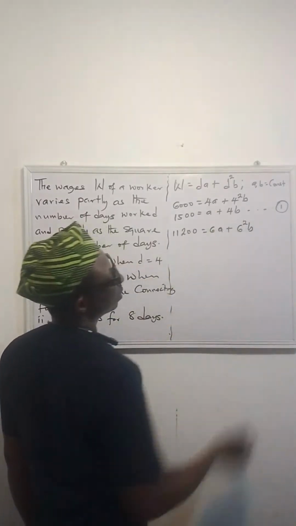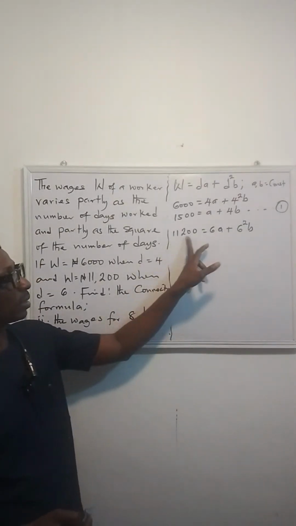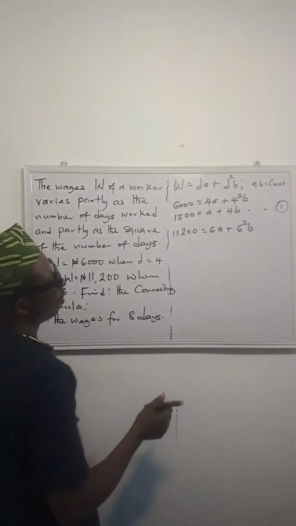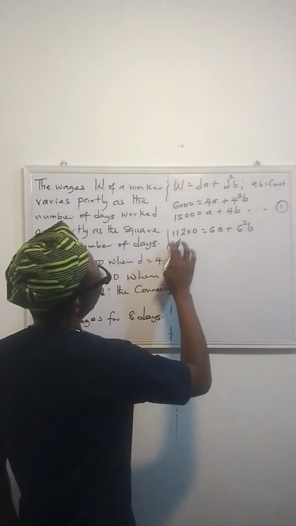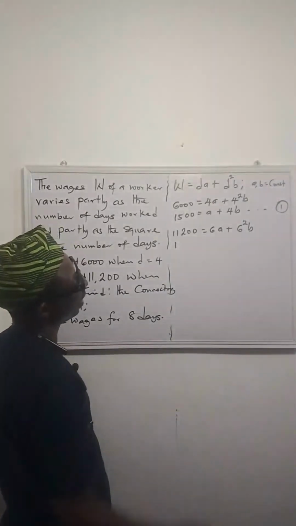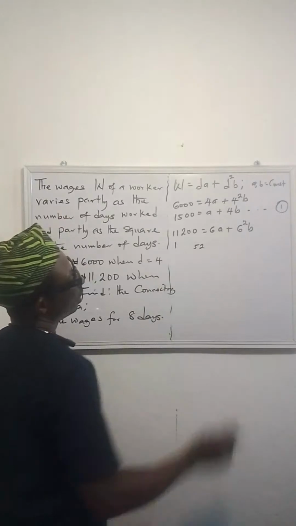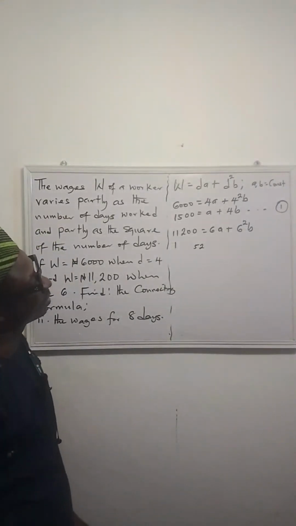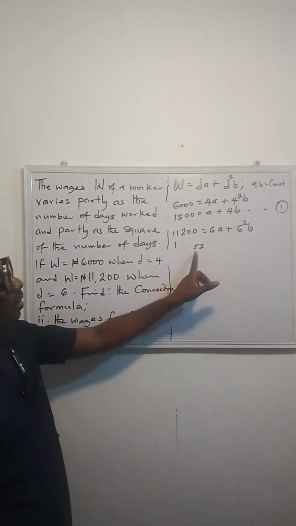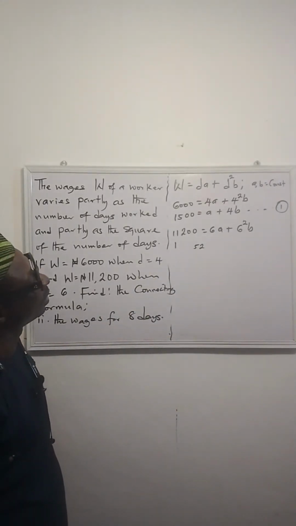Let's see if 6 can go here. 6 goes in 11, that is 1, we have 5 left, that's going to be 52. How many 6s are we going to see in this? Is that 8?